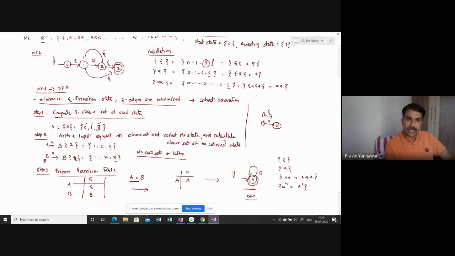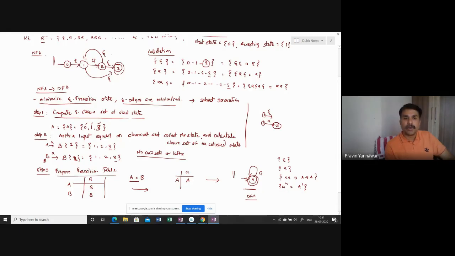Okay, 1 is leaving with A as an input, with epsilon as an input. So means you have two edges leaving, but both of them with a different symbol. This is epsilon. Now if you look at this 2, then 2 is leaving and reaching 3.